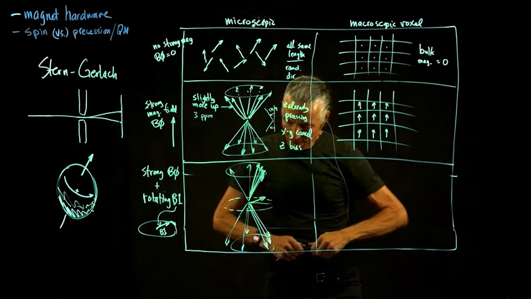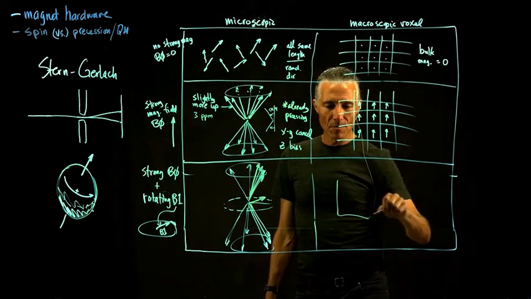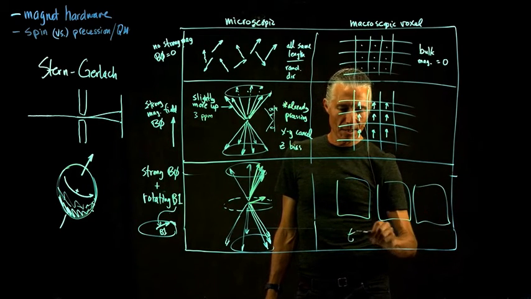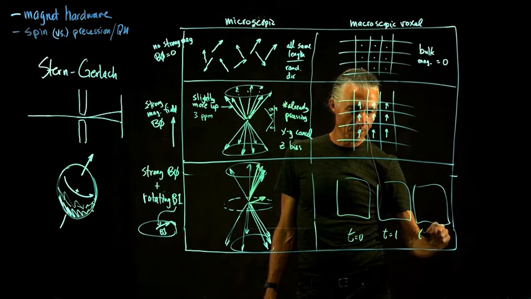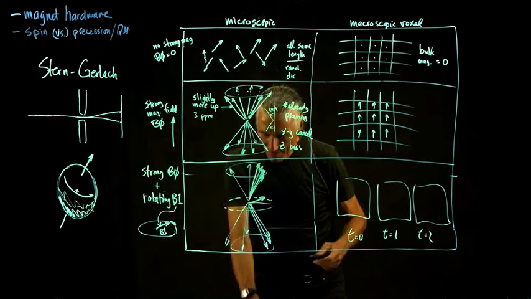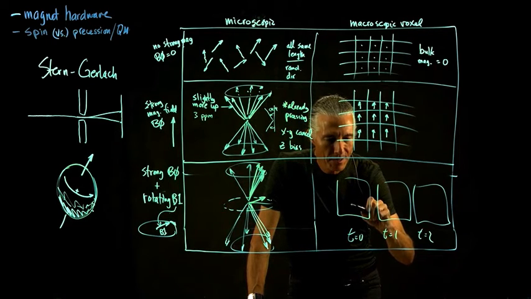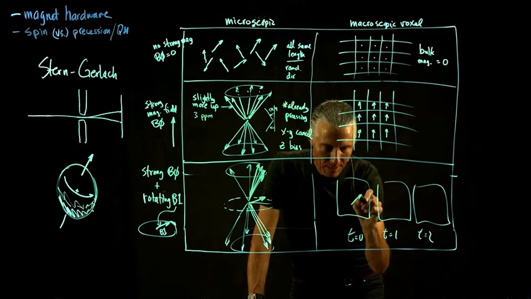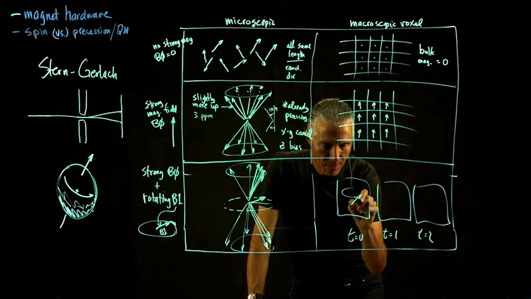So if we look at that across time, what happens? Here's several little time points: t equals 0, t equals 1, t equals 2. Here's that vector, and that sum vector is precessing around in this direction.